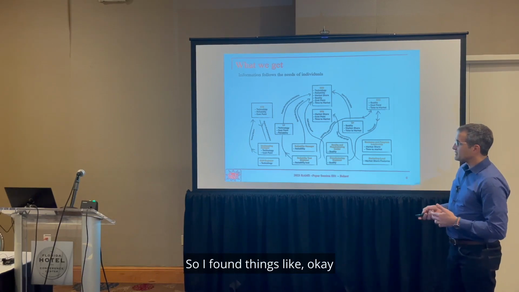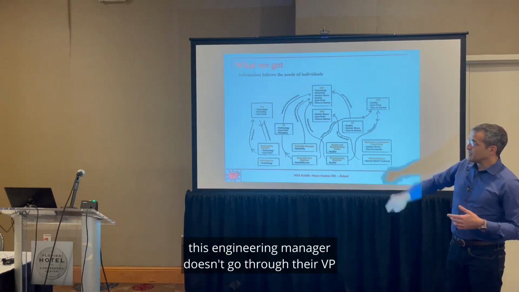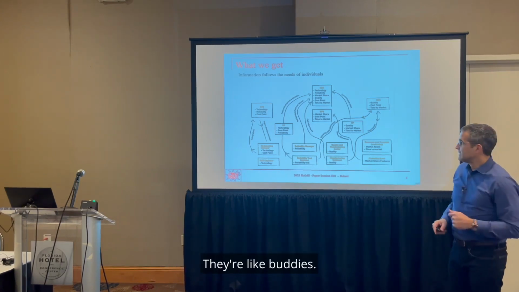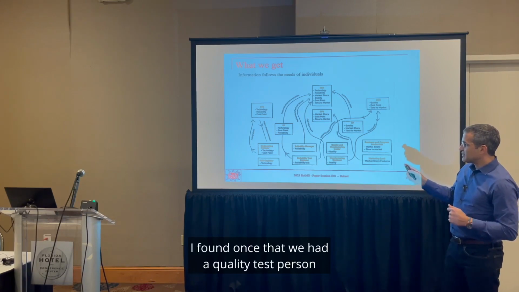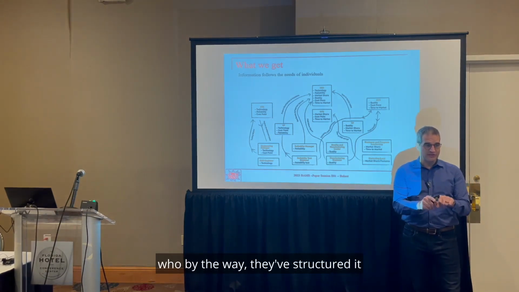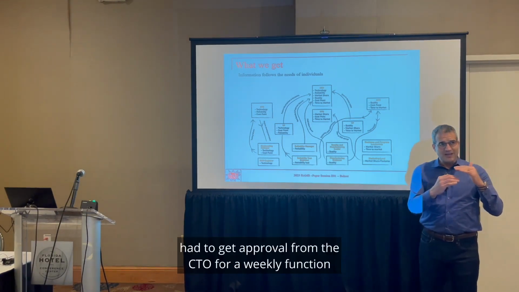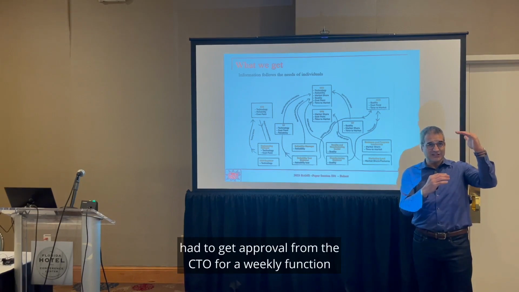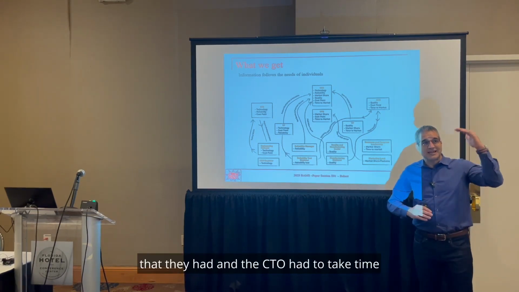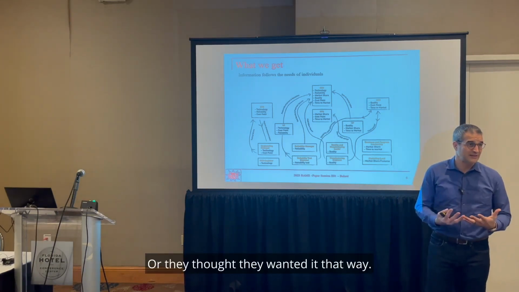So I found things like, okay, this engineering manager doesn't go through their VP. They communicate directly to the CTO on a regular basis. They're like buddies. I found once that we had a quality test person who certified quality test results who, by the way they've structured it, had to get approval from the CTO for a weekly function that they had. And the CTO had to take time out of their schedule every week to do this and wanted it that way, or they thought they wanted it that way.